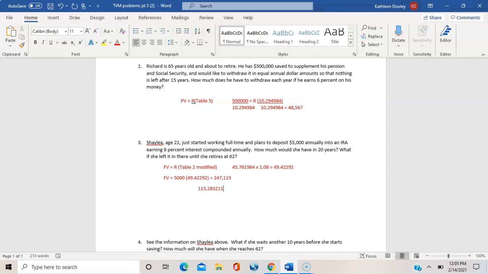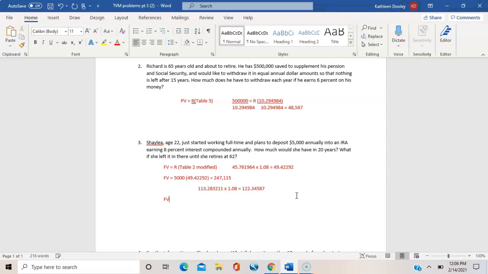So that's our factor from table 2, and we need to multiply that times 1.08. And we get 122.34587. I'll round it off there.